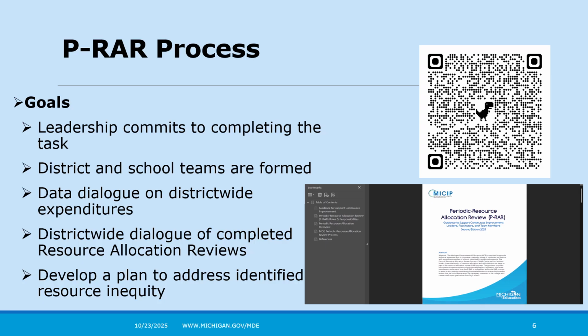It is suggested that schools identified for targeted support and intervention, TSI, are included in this process to generate a more comprehensive picture. The culmination of these efforts is the development of a plan to address any identified resource inequities, aiming to foster a more equitable allocation of resources across the district, ensuring each student has improved outcomes.